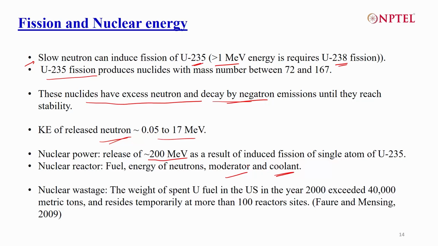After the fission is done, this much waste is temporarily stored at 100 reactor sites, and that can be very tricky. We are still not prepared to control the nuclear waste, and that is the limitation of using this nuclear energy resource for normal usage.